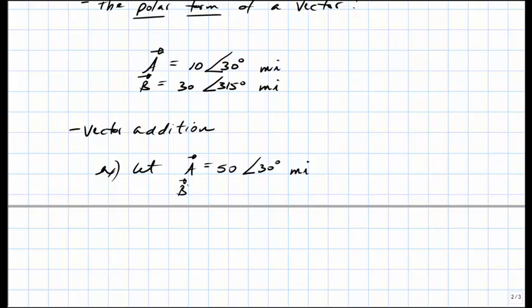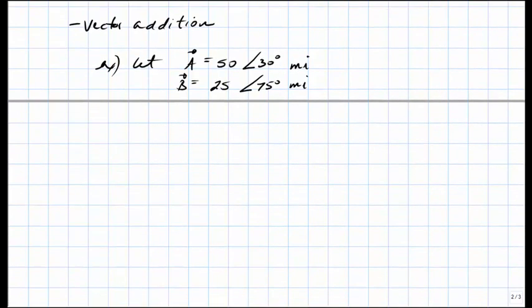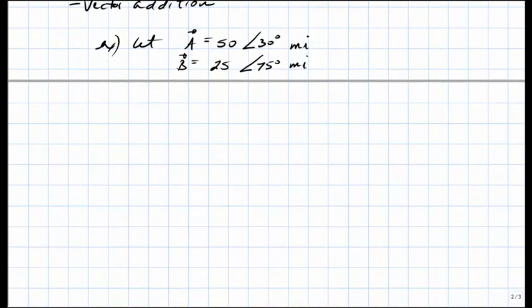And vector B will be defined as a 25-mile vector directed at a 75-degree angle. Let's now discuss how to add these vectors graphically. So this is the graphical addition method.